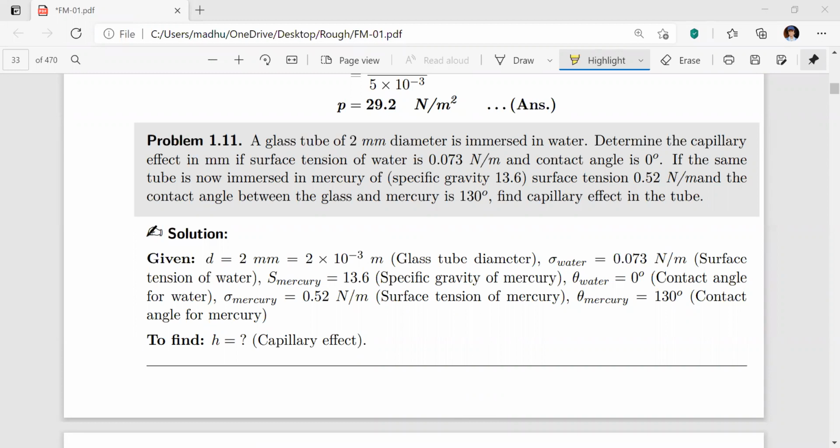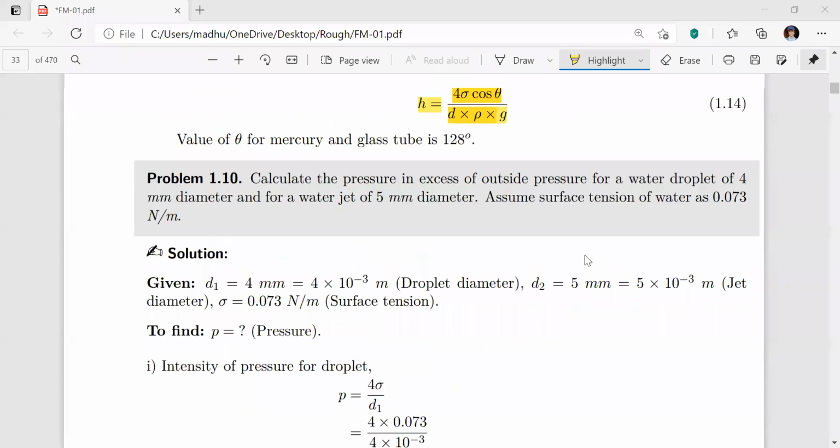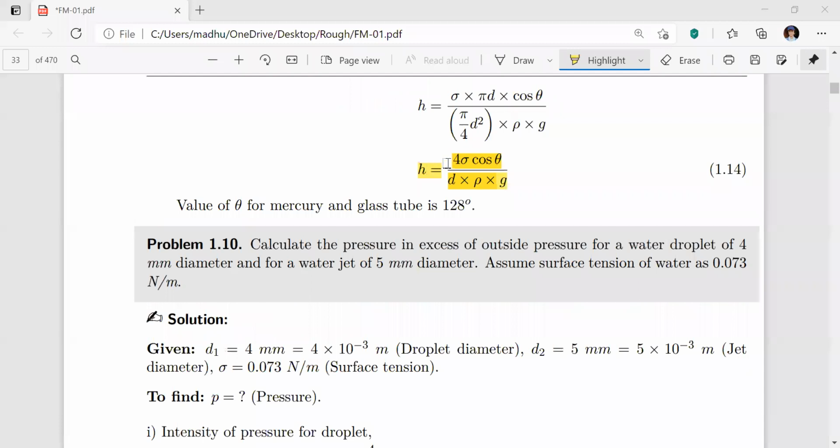Yes sir. Okay. So, in yesterday's class we derived the expressions for capillary rise and capillary fall. Those expressions are nothing but h = 4 sigma cos theta divided by d rho g. We derived this expression for capillary rise as well as for capillary fall.